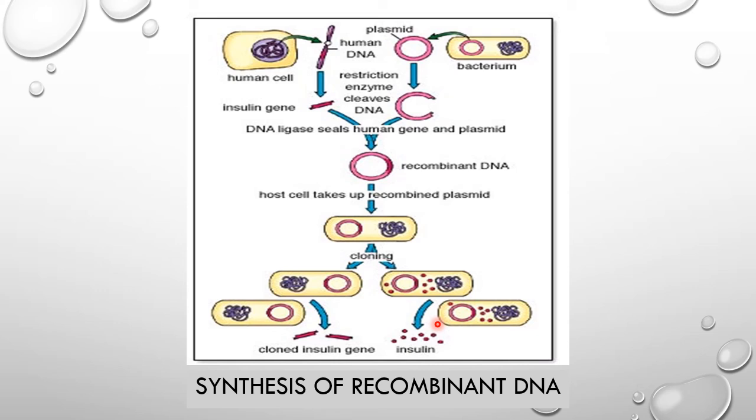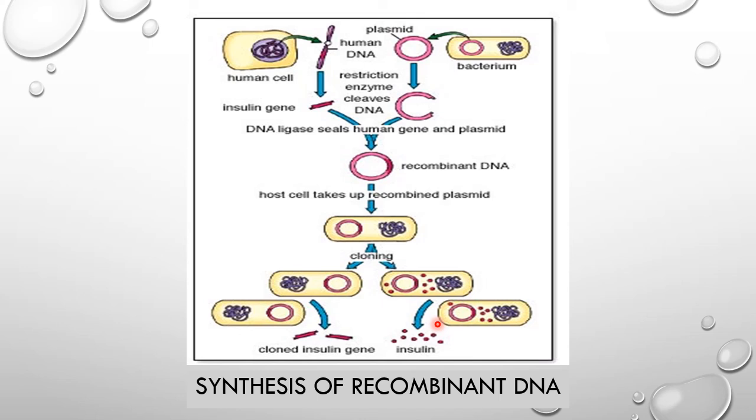The bacterial cells are treated with calcium chloride. It makes the bacterial membrane more permeable. Now the bacterial cells take up the recombinant plasmid. These bacteria reproduce and bacterial colonies are formed. Each new cell contains at least one plasmid.